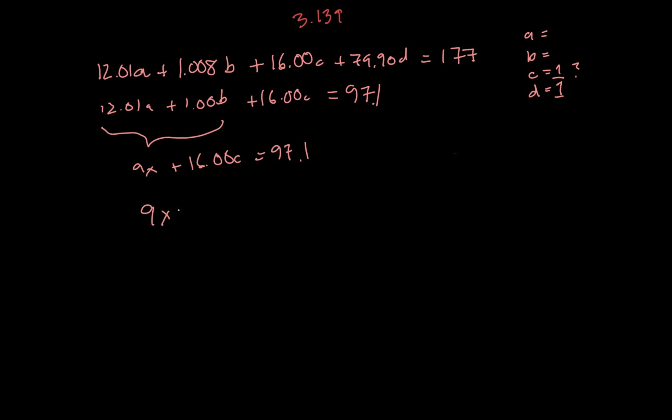That means that 9x equals 97 minus 16, which gives us 81.1, meaning x equals 9, more or less. So that means that we get a B value out of this too. We have 9 hydrogens present. We're going to put a question mark at that because that depended on that guess value of C. Now that we've got that in place, we're going to reverse engineer our carbon out of that.